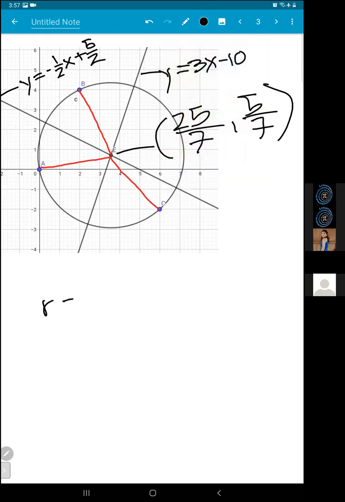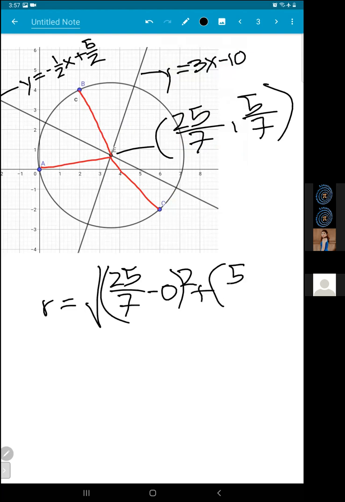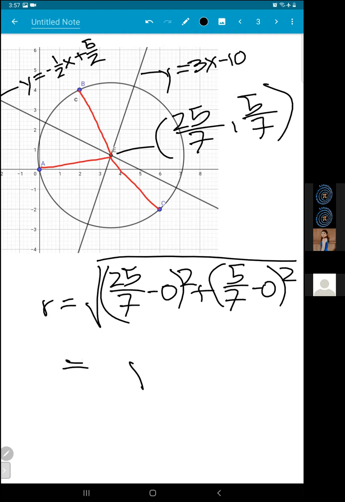So the radius is the square root of (25 over 7 minus 0) squared plus (5 over 7 minus 0) squared. Leave this one for your calculator to work on. Get that. Then you just square.